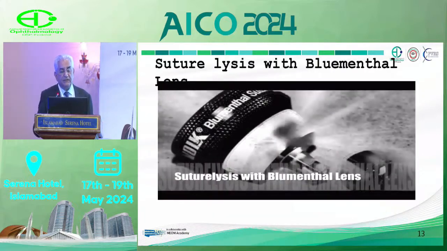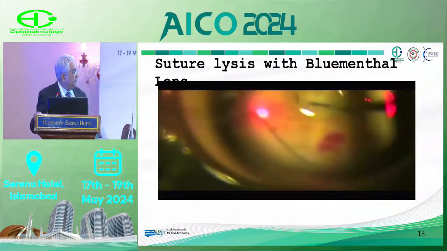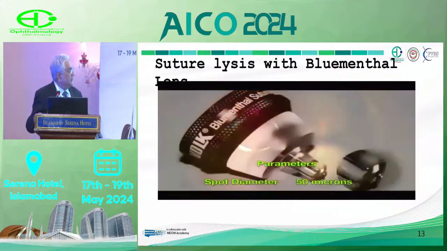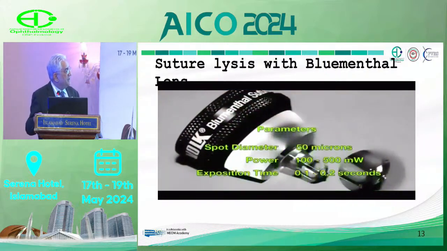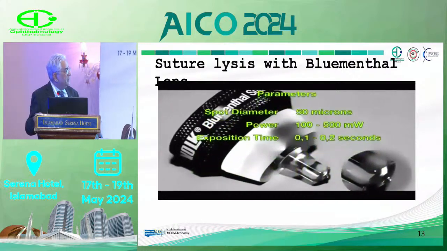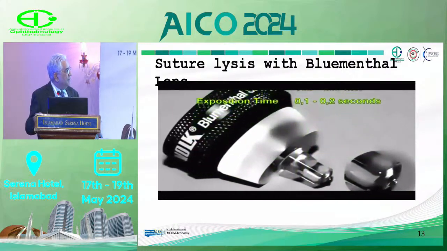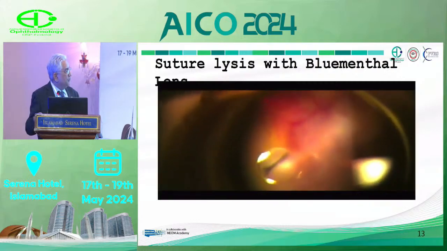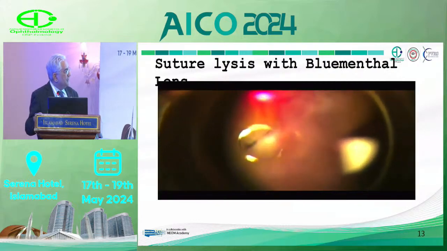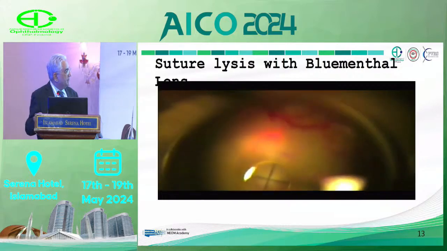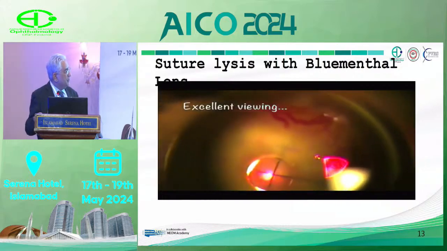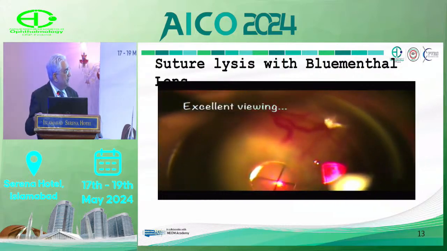This is how this lens looks like. And these are the parameters that I mentioned: 50 micron, 100 to 500 power, 0.1 to 0.2 seconds. You can focus it there, and there it breaks. And if it's a crisscross suture, you can hit the center.